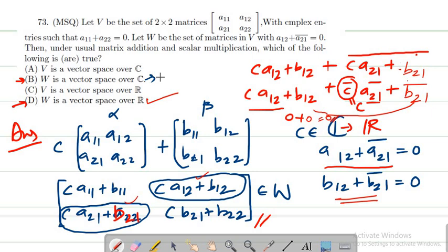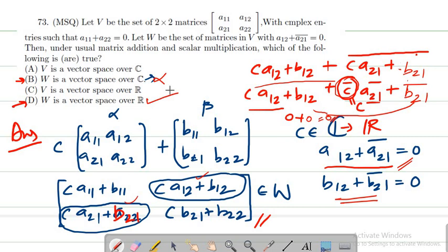But if this is the case, we can say it is not a vector space, because of this conjugate of c. If you have something like 1 plus i, then it becomes 1 minus i, so it's difficult to take common over here and use this property, so this need not be true. So the correct option here is actually D. We were asked which of the following are true, so this is not going to be true.